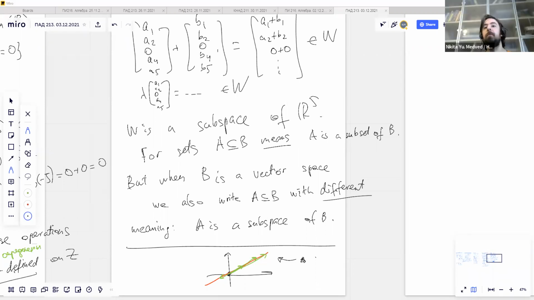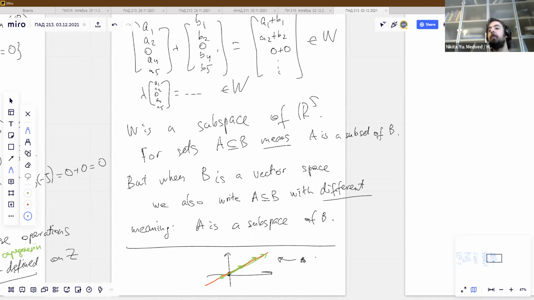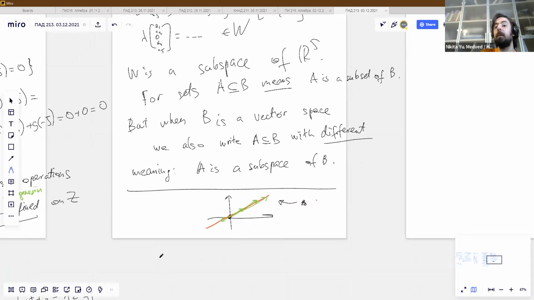Let me maybe give a final example before we move to the next topic. Symmetric matrices. Consider n times n square matrices, and among them there are symmetric matrices. If two matrices are symmetric, then their sum is also symmetric.